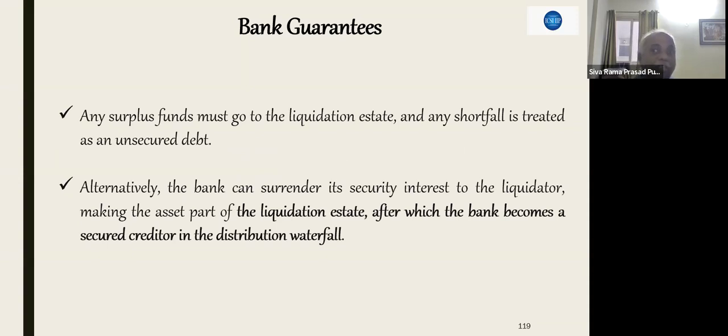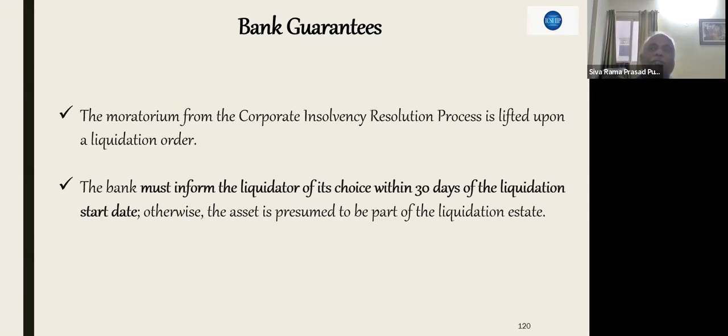Alternatively, the bank can surrender the security to the liquidator and it becomes part of the liquidation assets, where the bank becomes a secured creditor and receives funds as per the waterfall mechanism. The moratorium from the CIRP is lifted upon the liquidation order, and this must be done within 30 days.